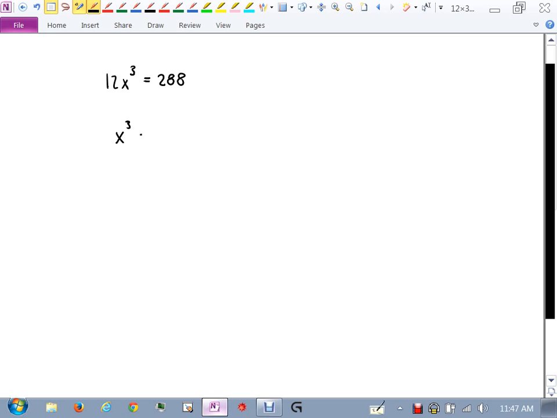And that was 24. I totally made this problem up. I can't believe all these numbers are working out so nice. And then take the cube root on both sides. And you got approximately what, 2.9? The exact answer is cube root of 24, though.